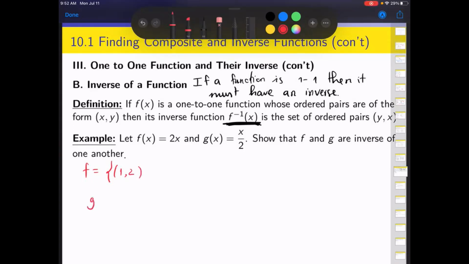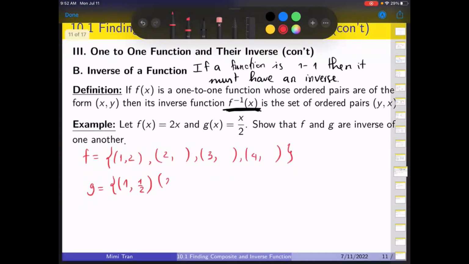Maybe I'll do the same thing with g at the same time. So 1 for g, you plug in there. 1 over 2 is 1/2. You guys fill that in. It doesn't have to be 1, 2, 3. Any number you want, really. Just make it easy.